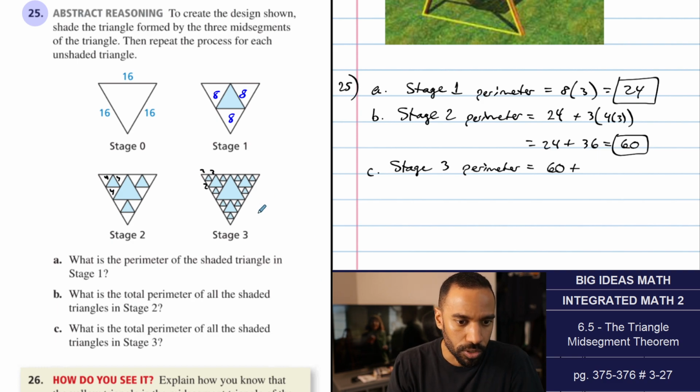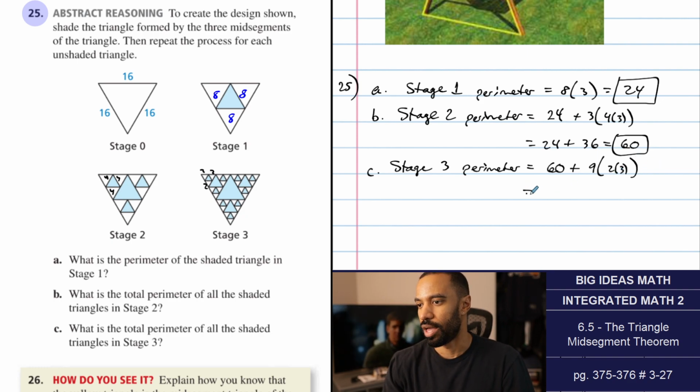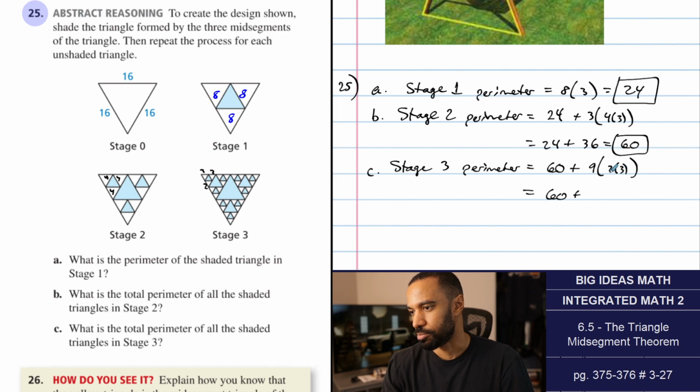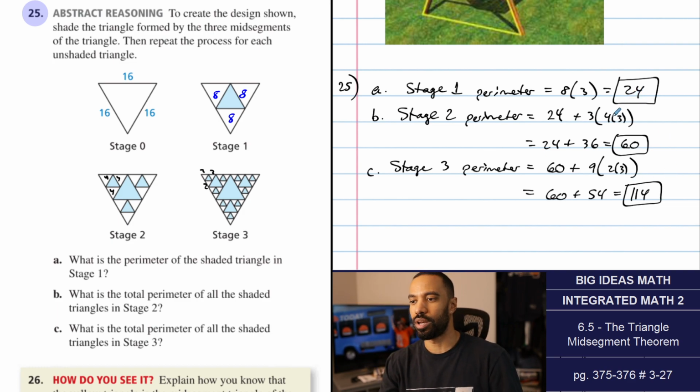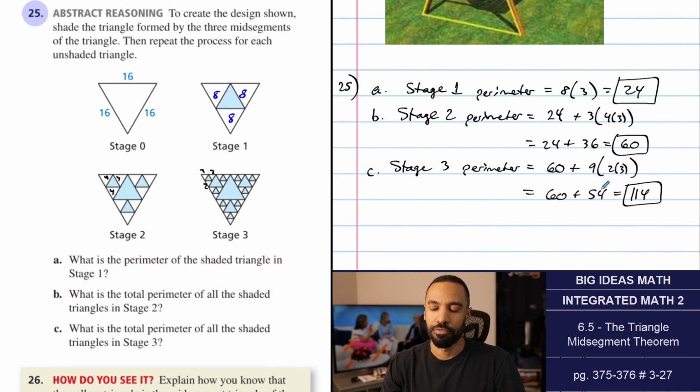Now, how many are there? 1, 2, 3, 4, 5, 6, 7, 8, 9. 9 times the 2 times 3 there. So that would be 60 plus 2 times 3 is 6, and 9 is 54, which is 114. Now, this went from 24 and then to 36 and then to 54. 54 is 50% more than 36, etc.